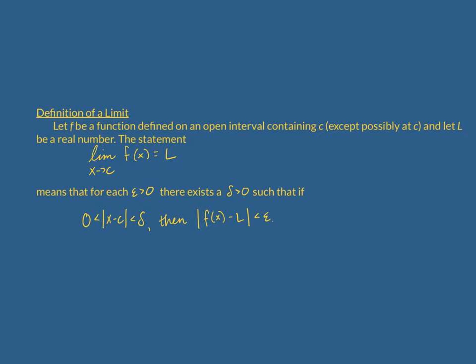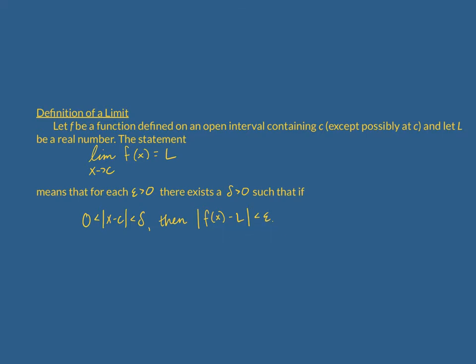Basically it says as we get closer and closer to that number c, our function is going to be equal to our limit, or L. And this means that for each epsilon greater than 0, there exists a delta such that if the distance between x and c is between 0 and delta, so it's really, really small, because we can make delta super small as long as it's greater than 0, then the distance between f of x and L is less than epsilon.